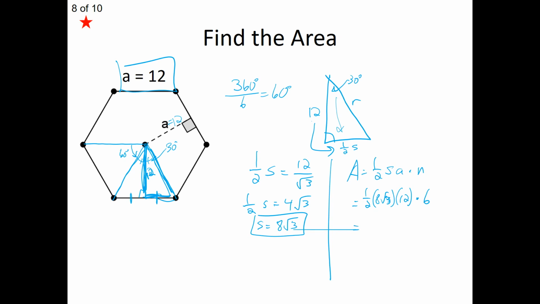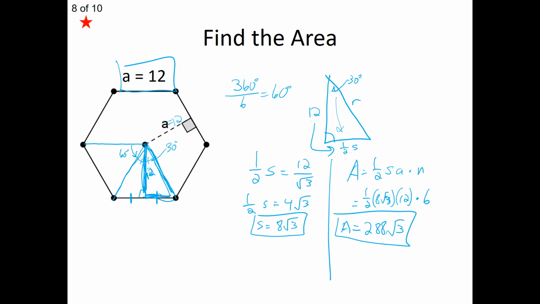What we can do is multiply our outside numbers together. The √3 is going to stick on the very end. So 1/2 times 8 times 12 times 6 gives us 288. We slap that √3 on the very end of it, and there is the area of this regular polygon.